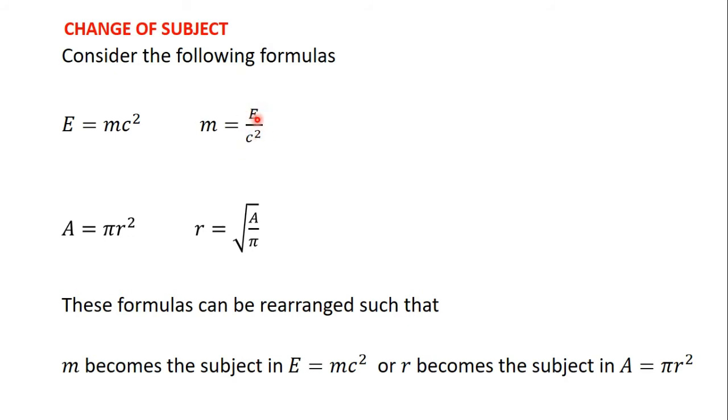So where you see E, you put the new value. Let's say that after changing this subject, they tell us, calculate for M when E is equal to 2 and C is equal to 1. Wherever you see E, you replace it with 2. Wherever you see C, you replace it with 1, and you'll be able to find the new value for M.